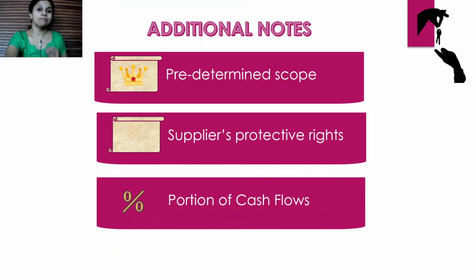Now let us say Mr. Blue needs to give 50% of the cash flow that he earned on use of the car to the supplier. Would you still say that he has the right to get substantially all the economic benefits from the use of the asset? Intuitively, you will say no. I mean, if he has to shell out half of his cash flow, how can we say that he is getting the economic benefit?